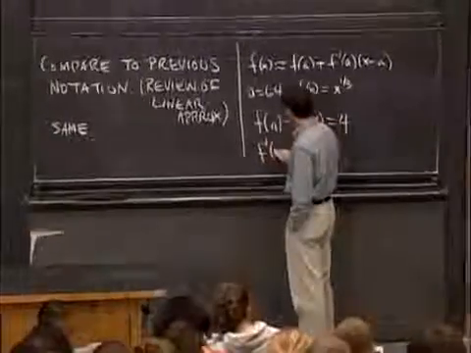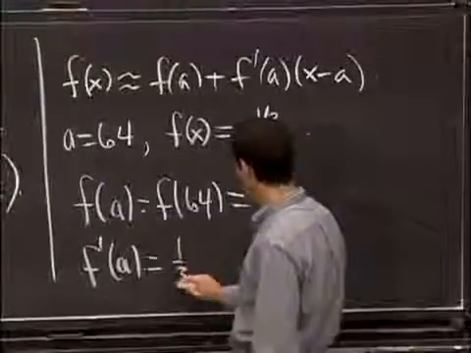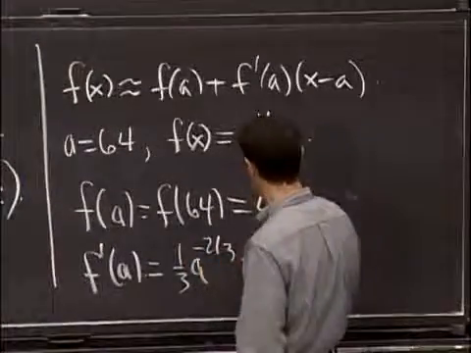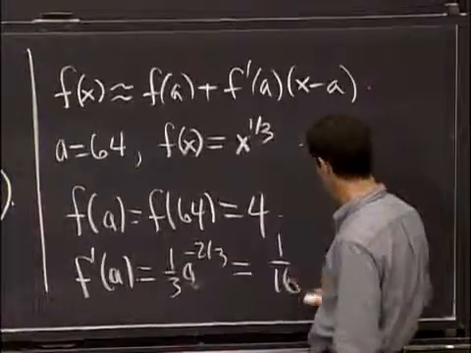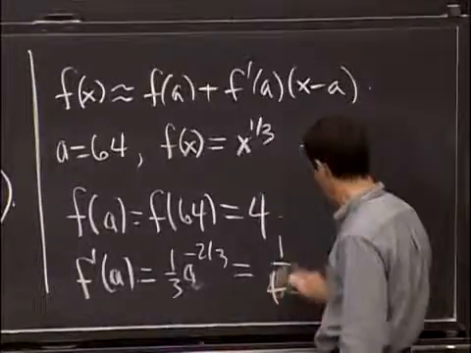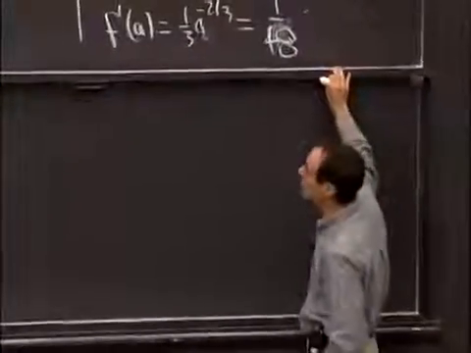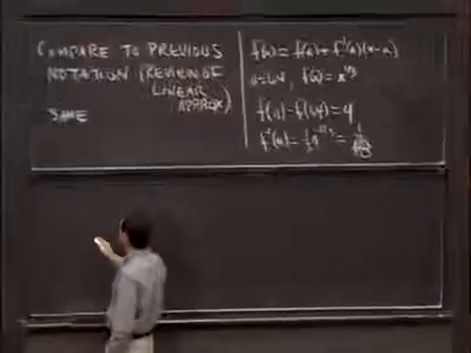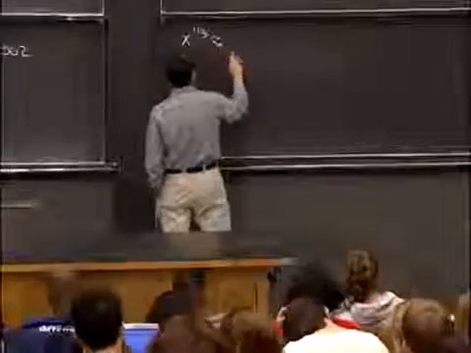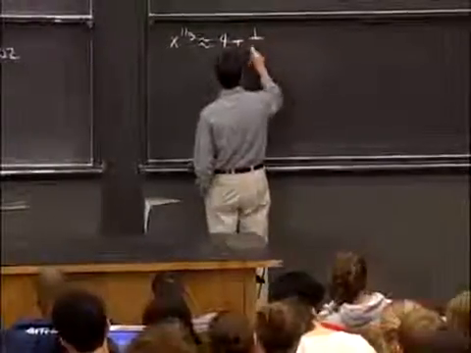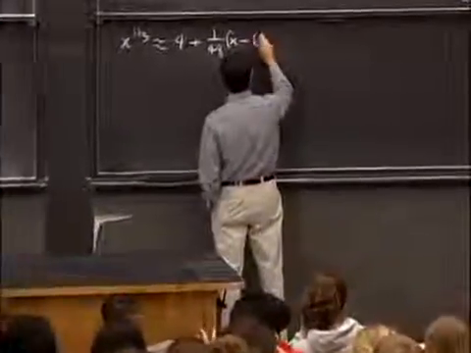And f prime of a, which is 1/3 a to the minus 2/3, is in our case 1/16. No, 1/48. That's the same calculation as before. And then our relationship becomes x to the 1/3 is approximately equal to 4 plus 1/48 times x minus a, which is 64.